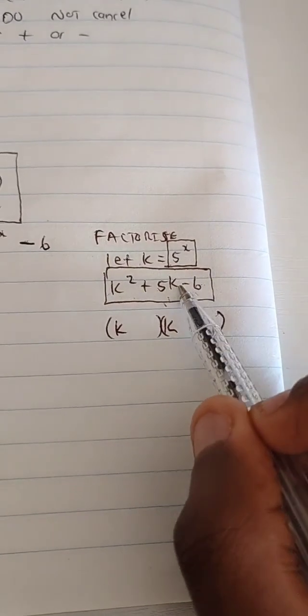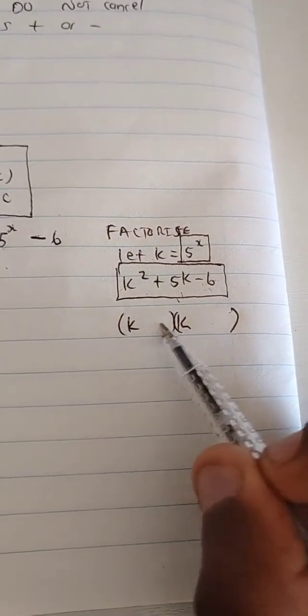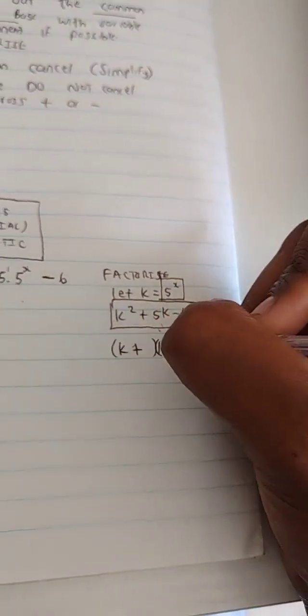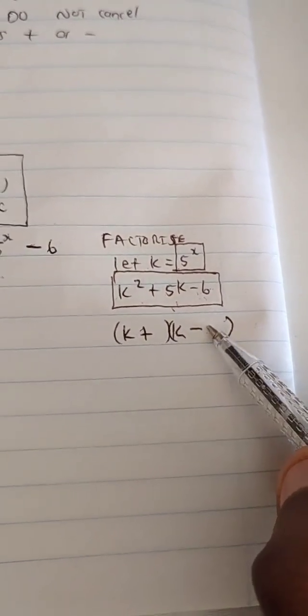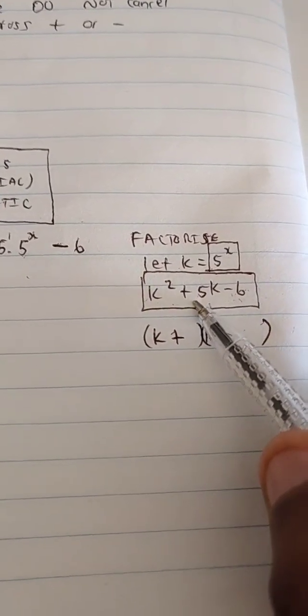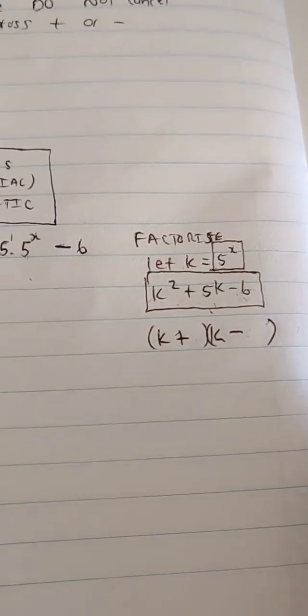Remember guys that a minus sign for your constant term means that the signs in your bracket will be different. So you are going to have a plus and a minus sign, because minus suggests that you are going to have different signs. Then your sign that is positive in the middle suggests what? That your highest factor is going to have a positive sign.